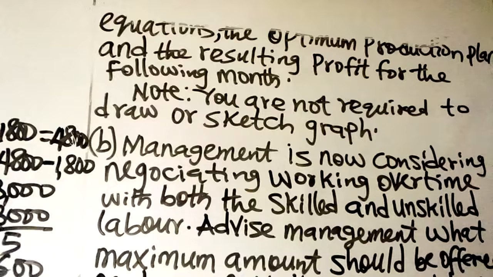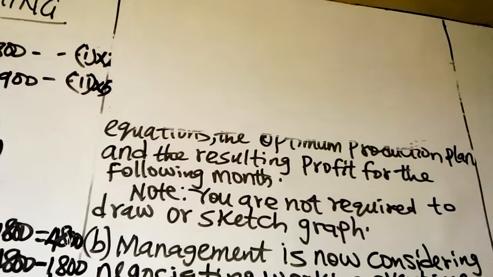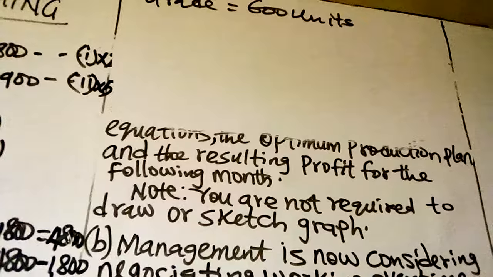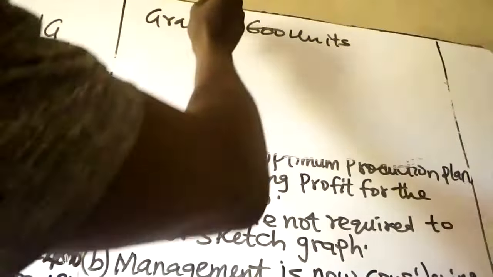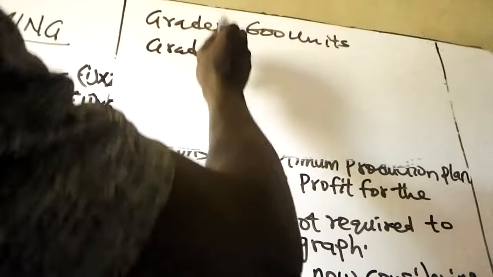That means they should produce 600 units of grade A and 900 units of grade B.